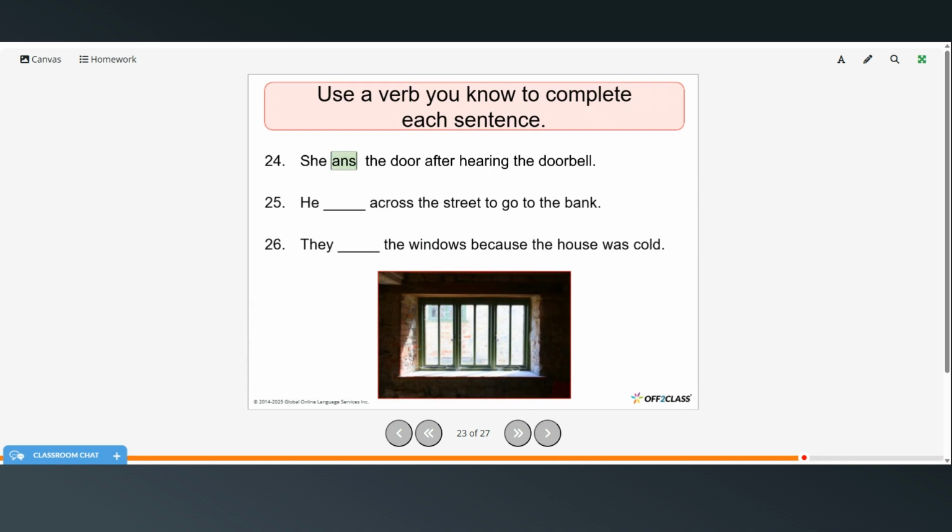She answered the door after hearing the doorbell. He walked across the street to go to the bank. And they closed the windows because the house was cold.